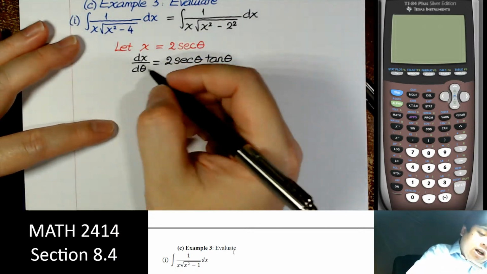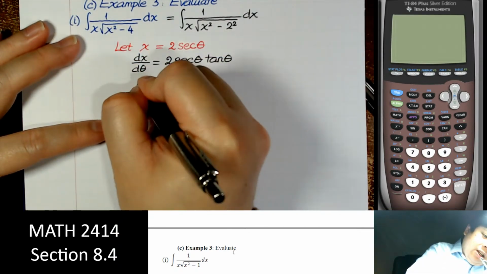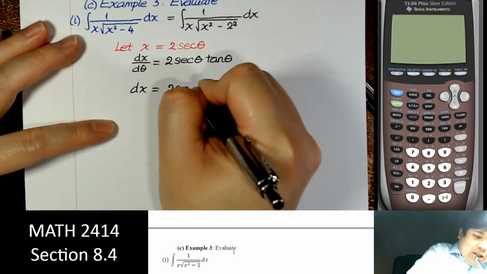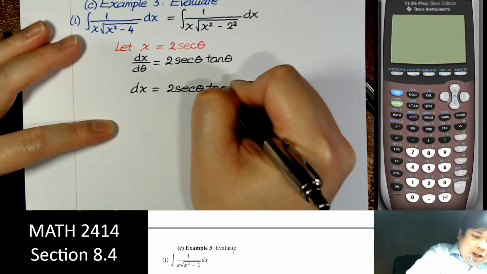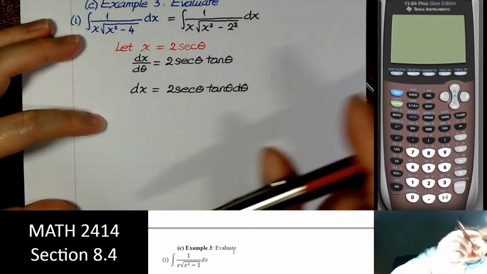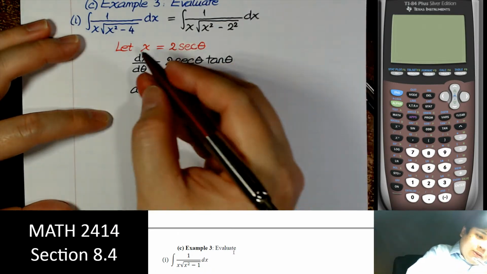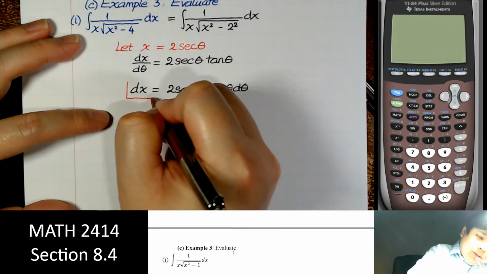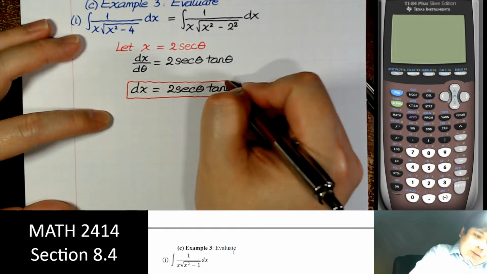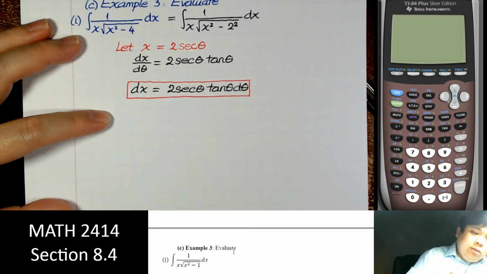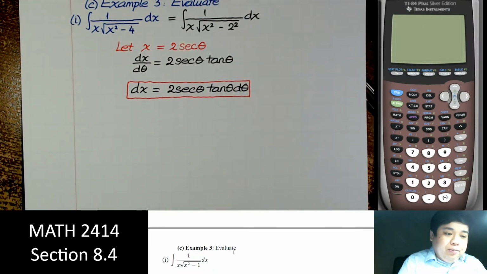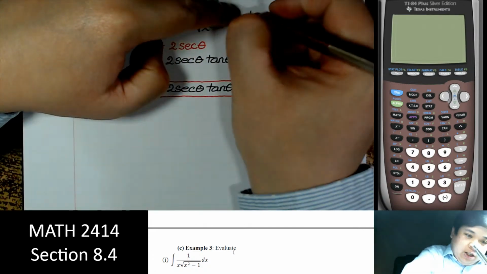So dx over d theta equals 2 secant theta tangent theta, so dx equals 2 secant theta tangent theta d theta. So we can substitute into dx here.